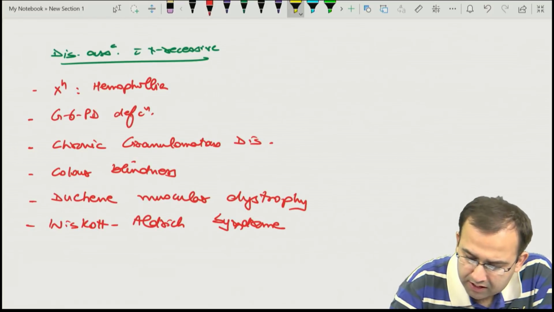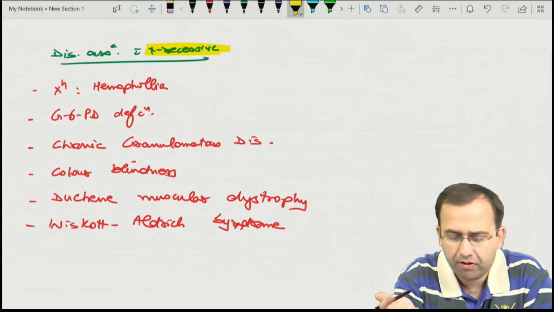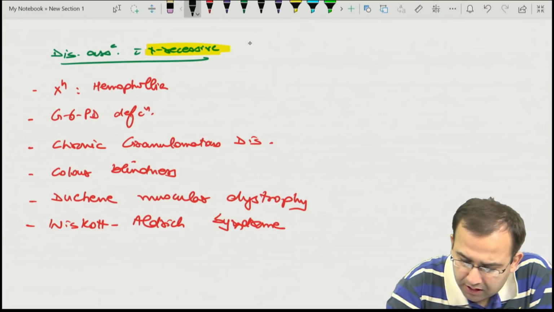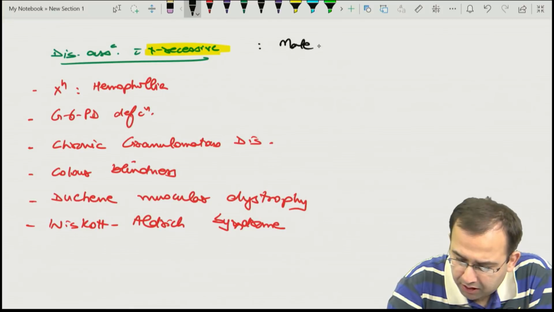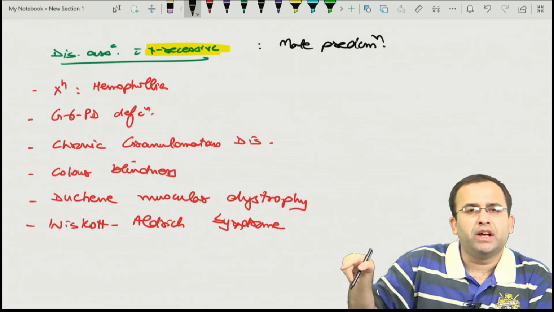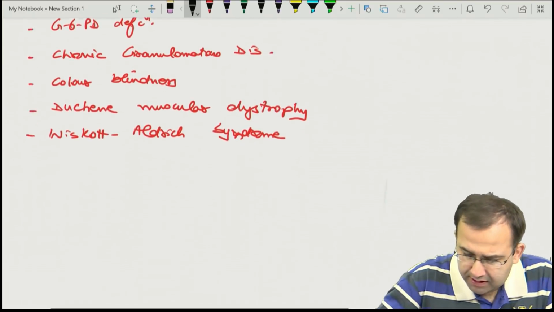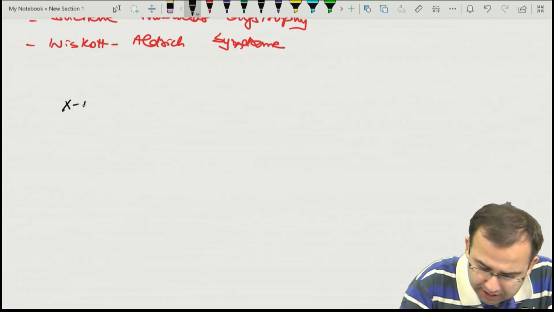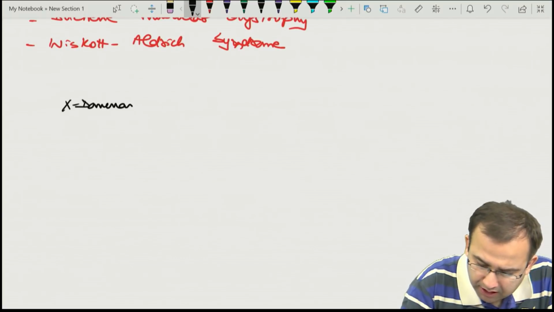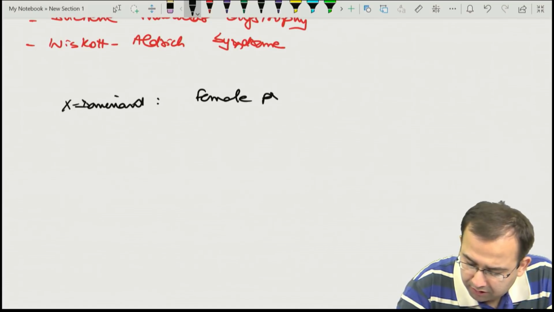Next point. Another question that is asked: is X-linked recessive inheritance male predominant or female predominant? Of course, it is male predominant. Male is XY, so X-linked recessive is male predominant, versus X-linked dominant inheritance, which is female predominant.